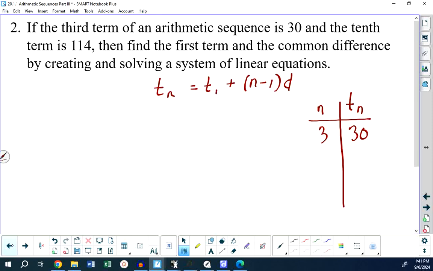It's because the third term is 30. If the third term is 30, when n is 3, tn is 30. Okay? On the other hand, that's true, because the 10th term has a value of 114.